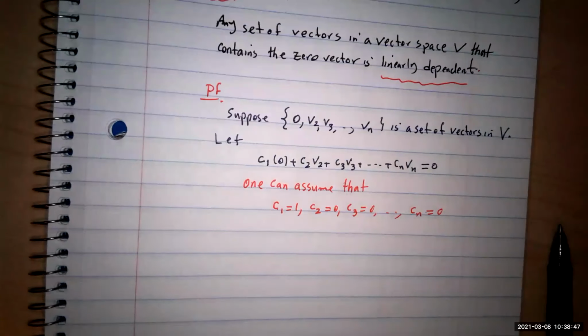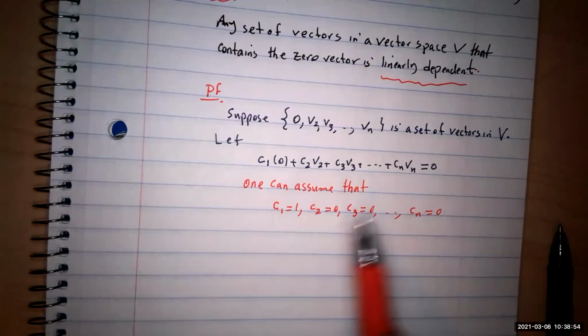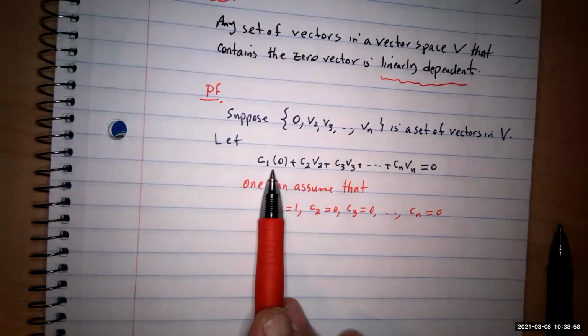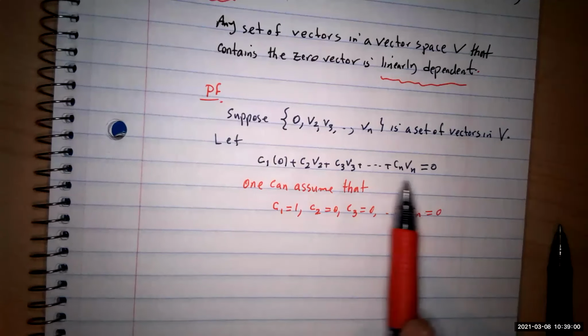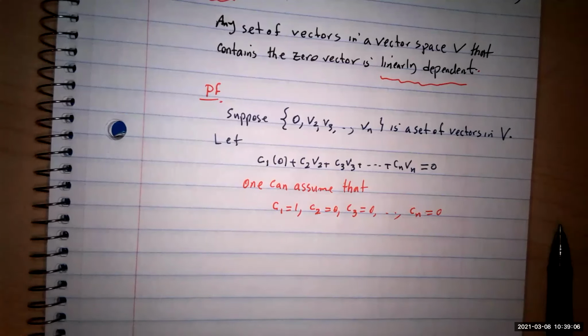Look at this one. If you substitute these numbers in this equation, it is satisfied. So you have a linear combination equal to 0, but one of the scalars is not 0. In this case, these vectors are linearly dependent.